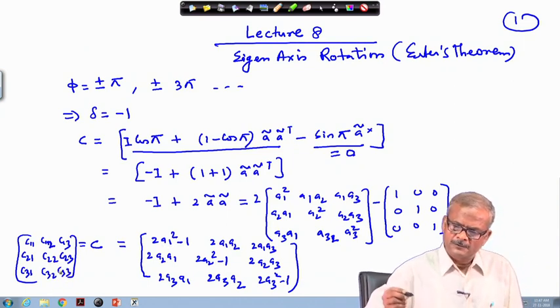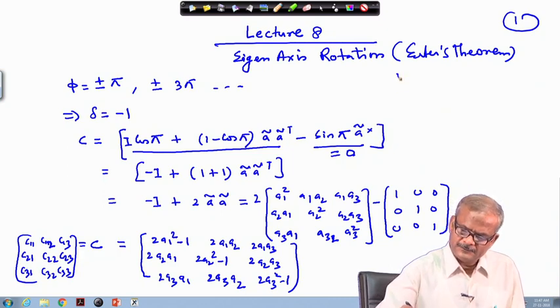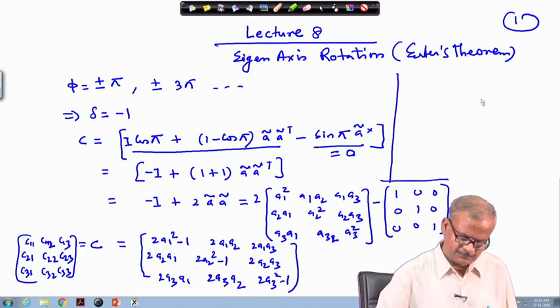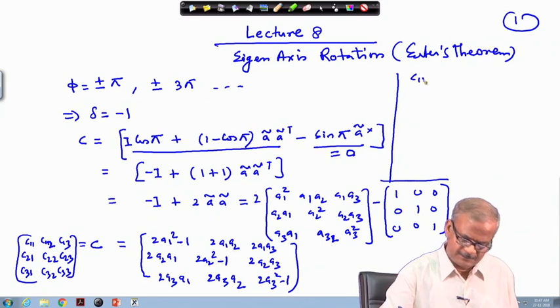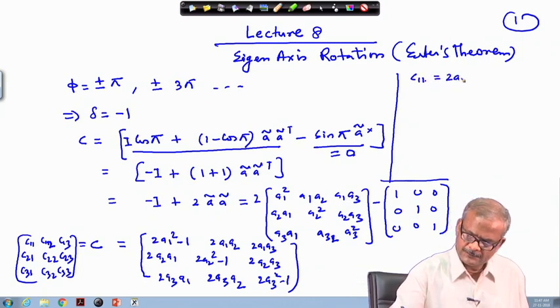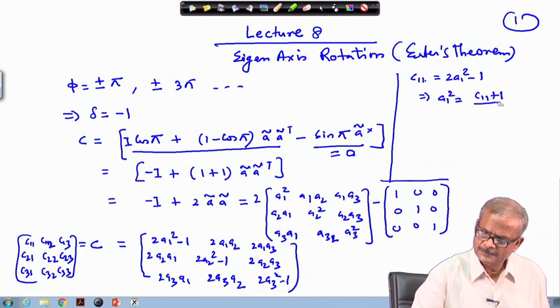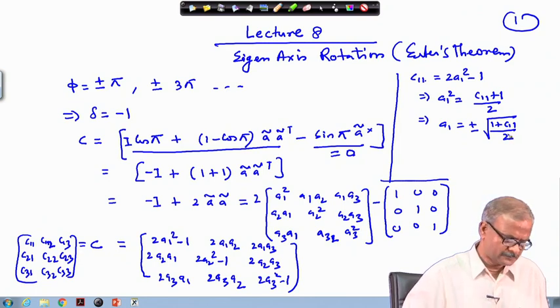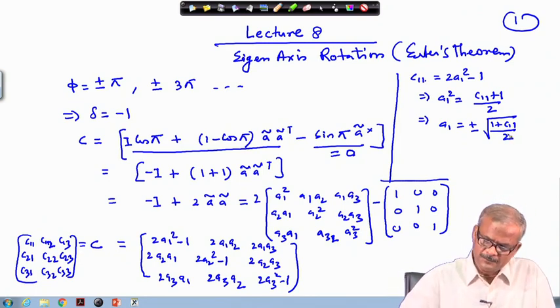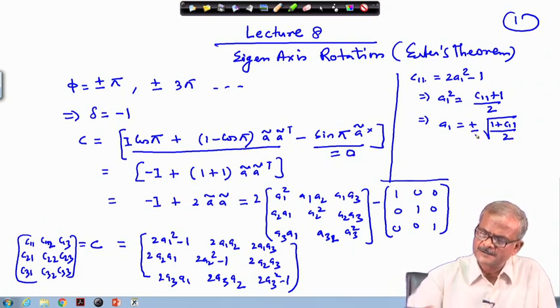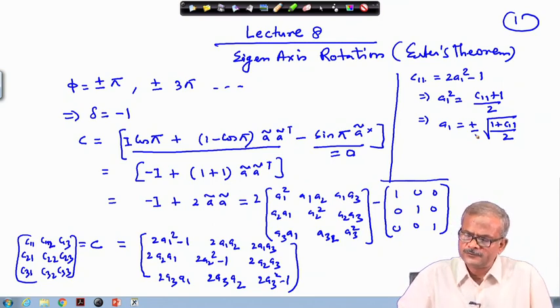If we compare them, we can see that C11 equals 2 A1 squared minus 1, and this implies A1 squared equals C11 plus 1 divided by 2. This implies A1 equals plus or minus the square root of (1 plus C11) divided by 2. Now, the problem here is that a plus and minus sign is appearing. So which sign to choose?